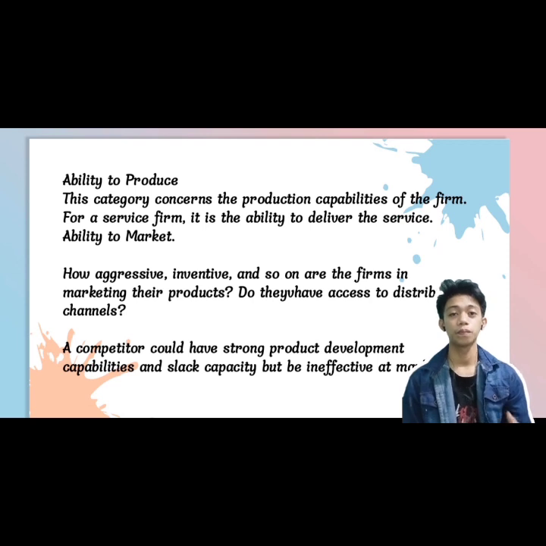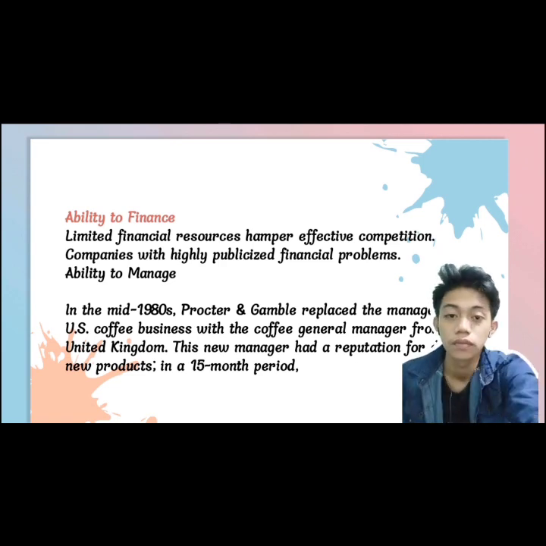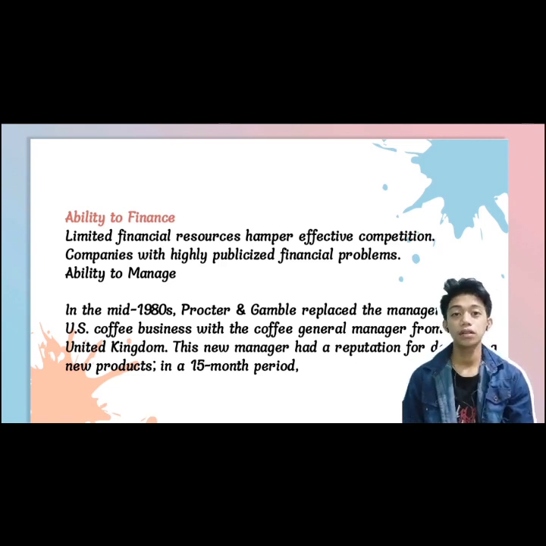Ability to produce: this category concerns the production capabilities of the firm; for a service firm, it is the ability to deliver the service. Ability to market: a competitor could have strong product development capabilities and slack capacity, but be ineffective in the market.